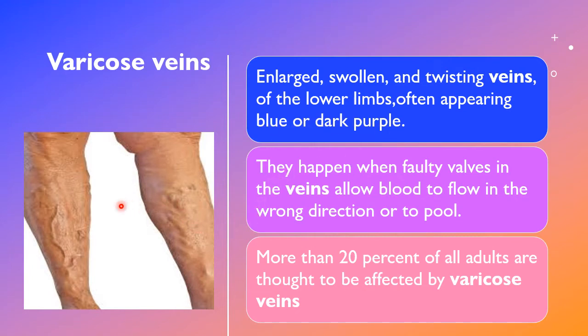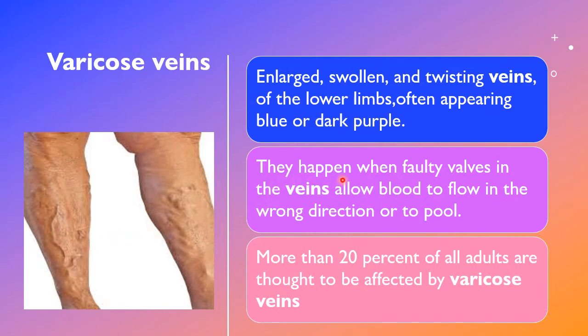Okay, these are the varicose veins in the legs here. They are swollen, enlarged, elongated, twisting, and at times also tortuous. These are the words that I use to describe varicose veins.